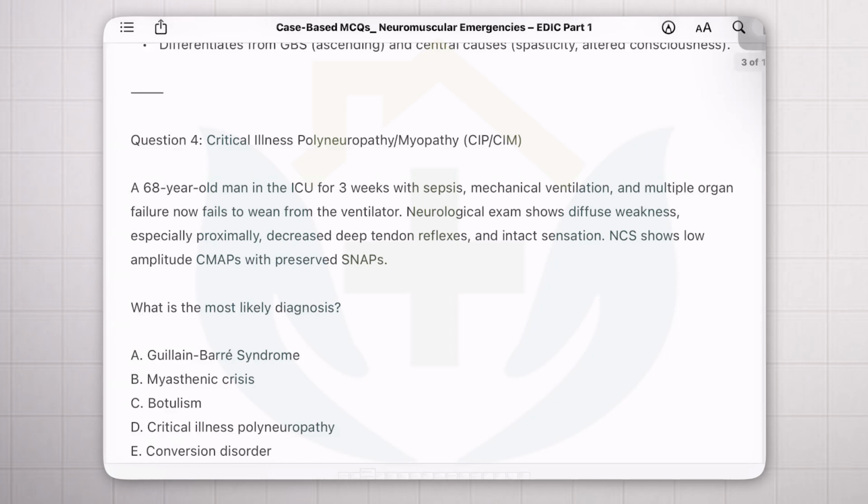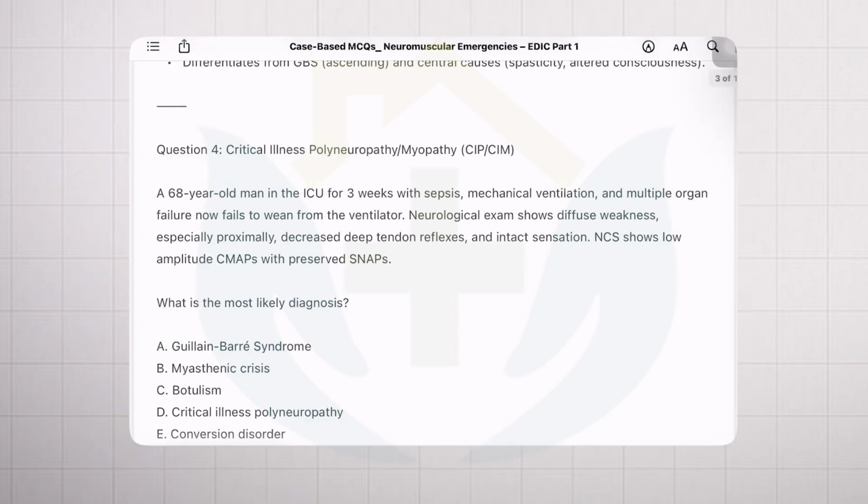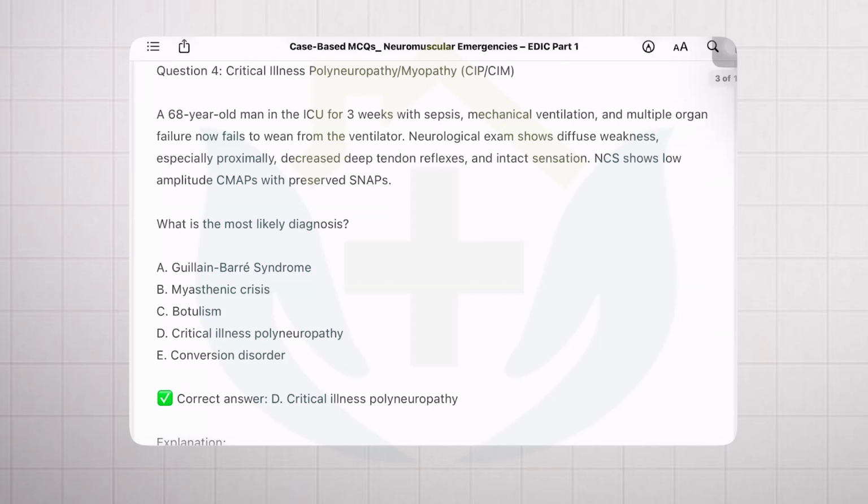Can it be Guillain-Barré or myasthenia gravis or botulism? No. Can it be conversion disorder? It is very difficult to say conversion disorder in such a setting. Conversion disorder usually happens in an outpatient setting, not in an inpatient or a critically ill patient. So this is critical illness polyneuropathy.